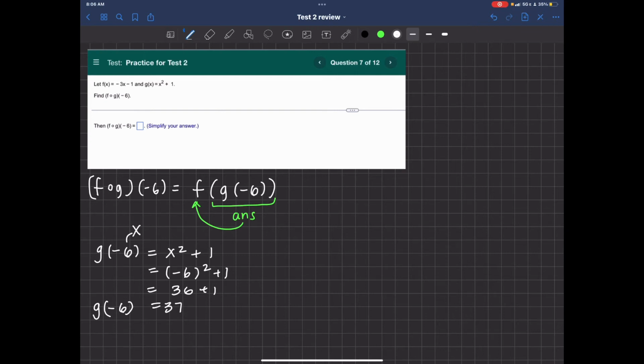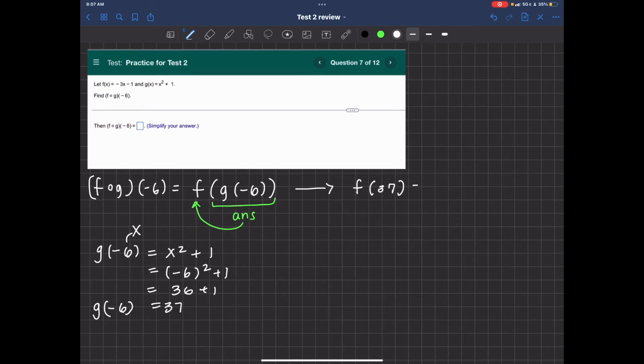So when I rewrite this, I get f of 37, because you're saying that g of negative 6, the solution is 37. So now I evaluate 37 in the f of x function.